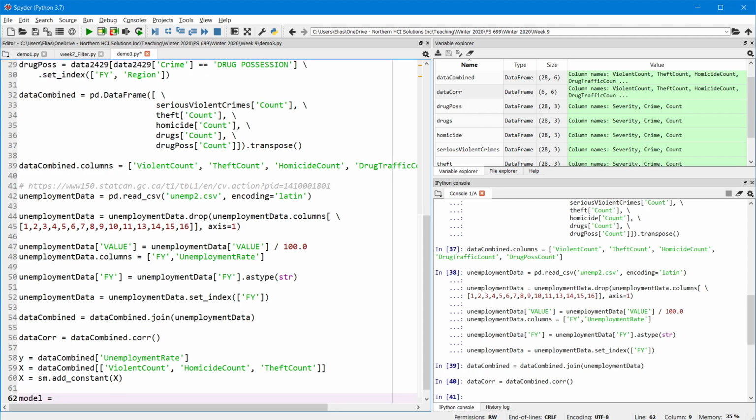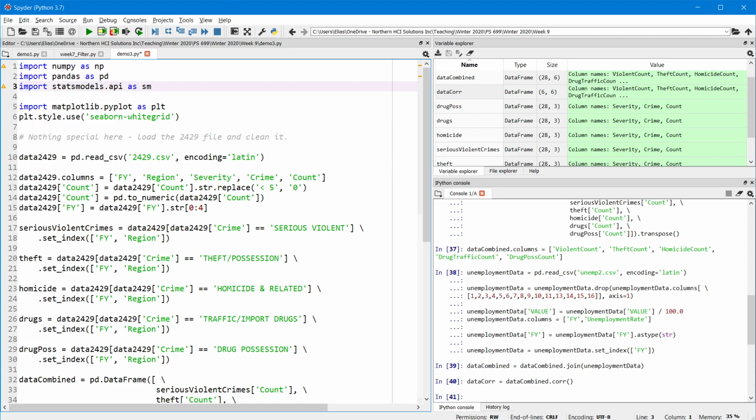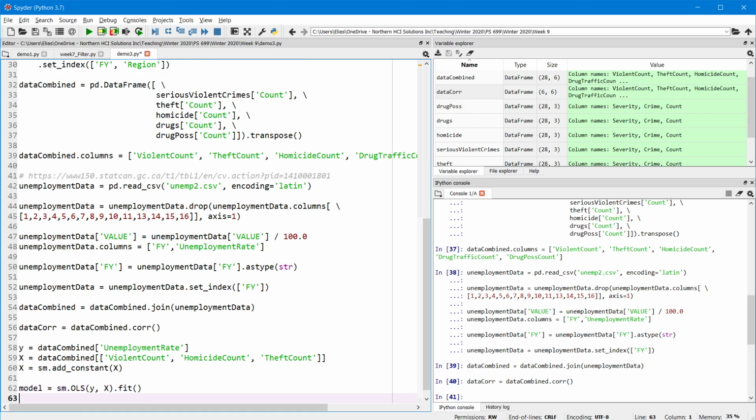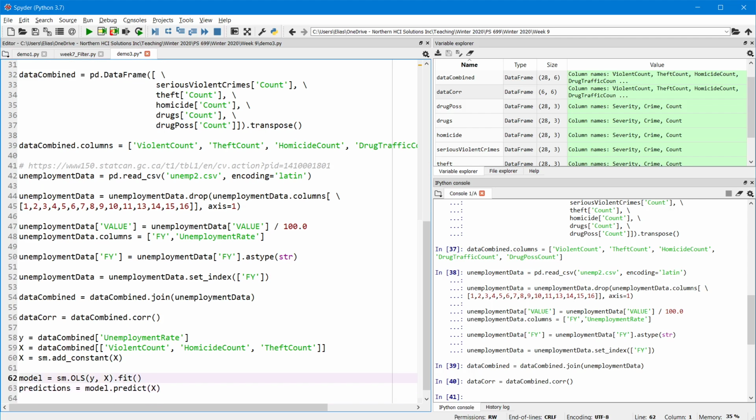Then we'll make our model, and we'll set it to SM. Remember, we imported SM up here, the statsmodels API. SM.OLS, our dependent variable, our independent variables, and we'll fit that line. And we'll make our predictions by doing model.predict(x).